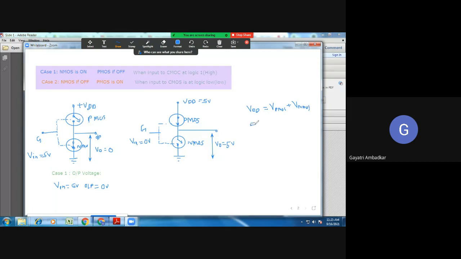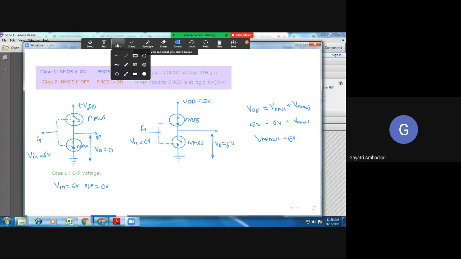VDD is 5 volt. What is voltage across PMOS? Because it is a closed switch, it will be 0, plus VNMOS. So what is voltage across NMOS? The whole voltage will be there across this open switch. So voltage across NMOS equal to 5 volt.